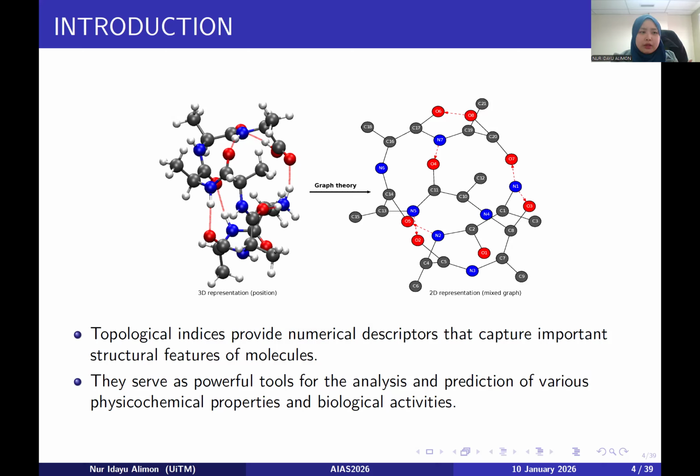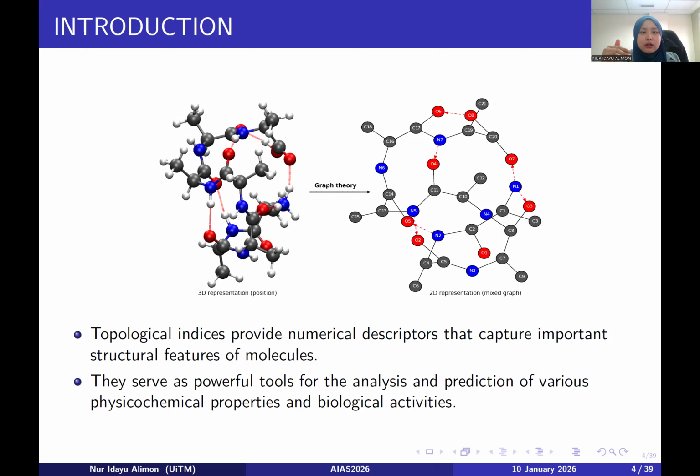Why did chemists introduce the Wiener index? This is because from the molecules, people want to know the physical-chemical properties. We want to predict the physical-chemical properties of the molecules, but the molecules need to be converted into numerical characteristics first, because we want to know the properties of the molecules.